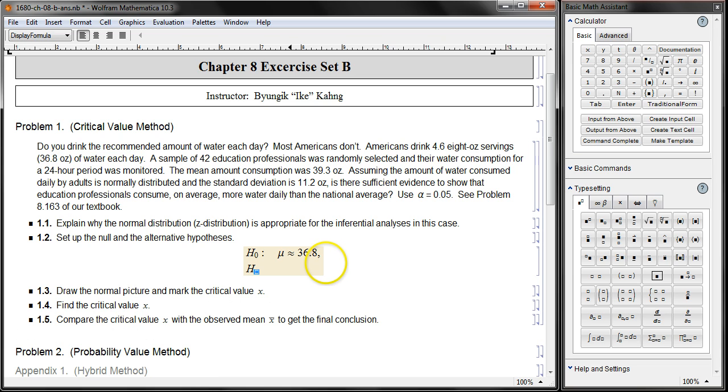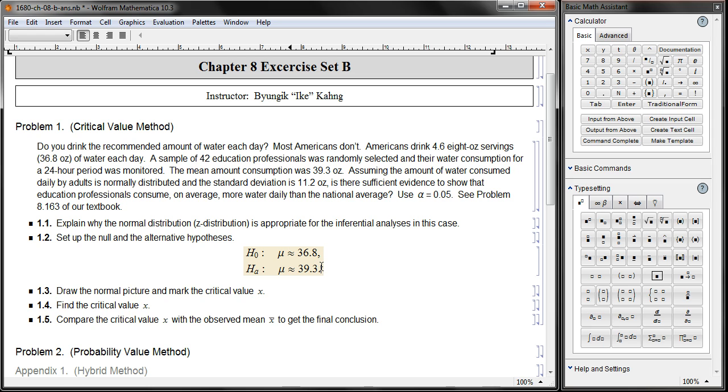And the alternative hypothesis, okay, it's got to be the other one, right? 39.3. Is that right? This is null, so by default, this is going to be the alternative. Wrong.